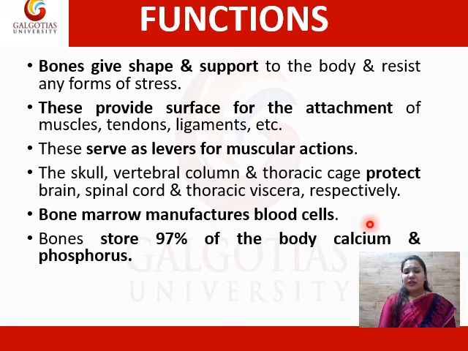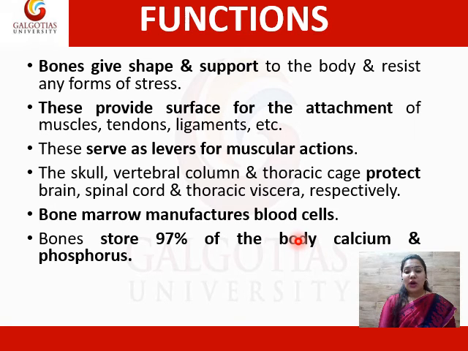The next important function of a bone is to protect the important structures of our body, as the skull, vertebral column and thoracic cage protect the brain, spinal cord and thoracic viscera respectively. So, the bony cage is important for giving protection to numerous vital organs in our body.